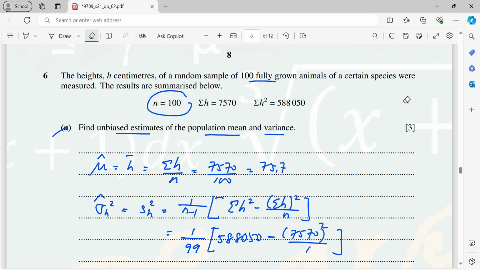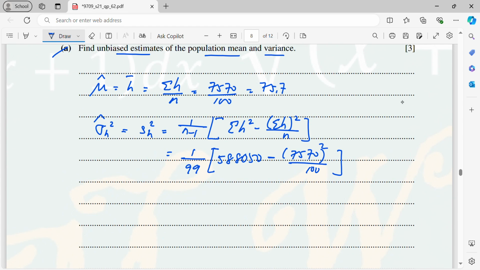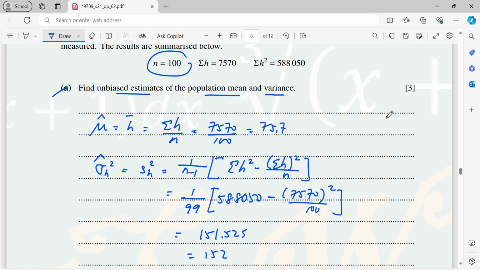Then from here, you will get 151.525. So when you round to 3 significant figures, that is going to be 152. Okay, done for the first part.